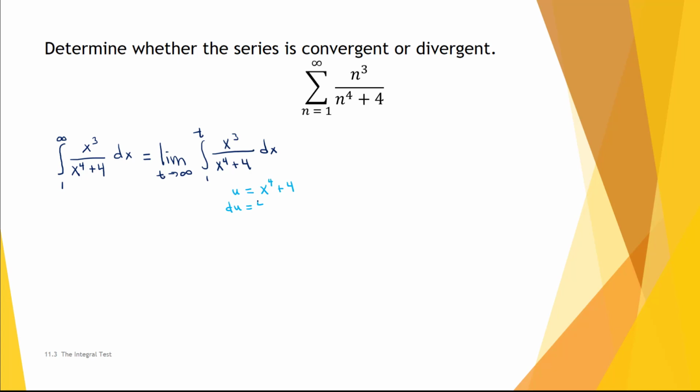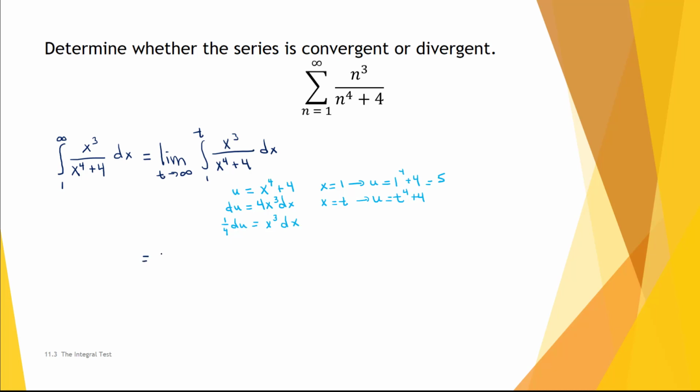Then du is 4x to the third dx, or in other words, 1/4 du is equal to x to the third dx. I will also change my bounds. So our lower bound is x equals 1. Well, that means that u is equal to 1 to the fourth plus 4, which is 5. And our upper bound is x equals t, which means u is equal to t to the fourth plus 4.